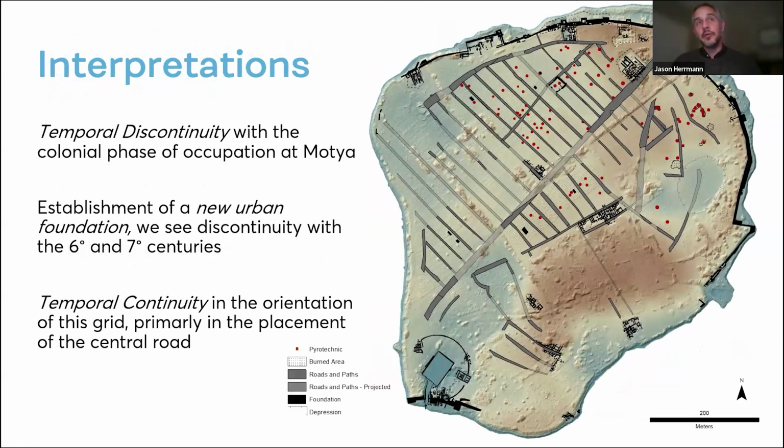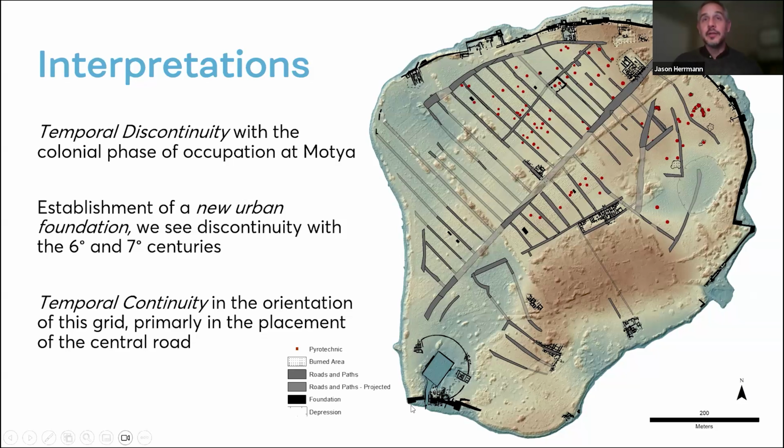So to round up what we've seen here, we can see that when this site was established in the 6th century, people moved in quite rapidly and transformed the whole landscape by establishing a grid that did not conform with earlier sediment patterns. That doesn't mean they totally disregarded their roots.